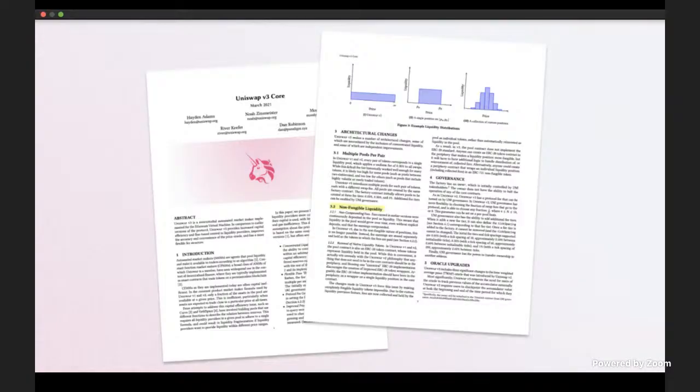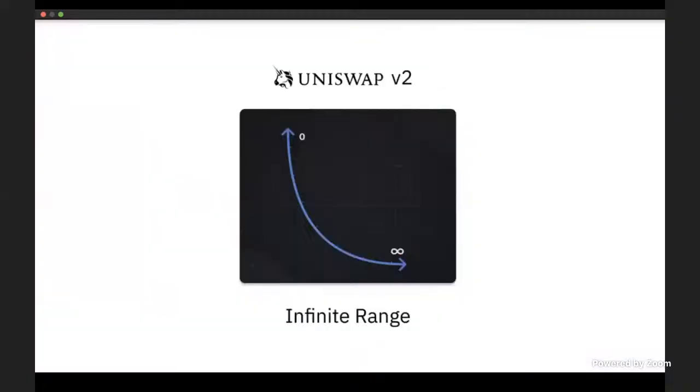By providing concentrated liquidity, LPs can provide the same liquidity depth as Uniswap v2 within specified price ranges while putting far less capital at risk. Instead of having to provide liquidity within an infinite price range, LPs can increase their capital efficiency by placing liquidity within a custom or concentrated price range.